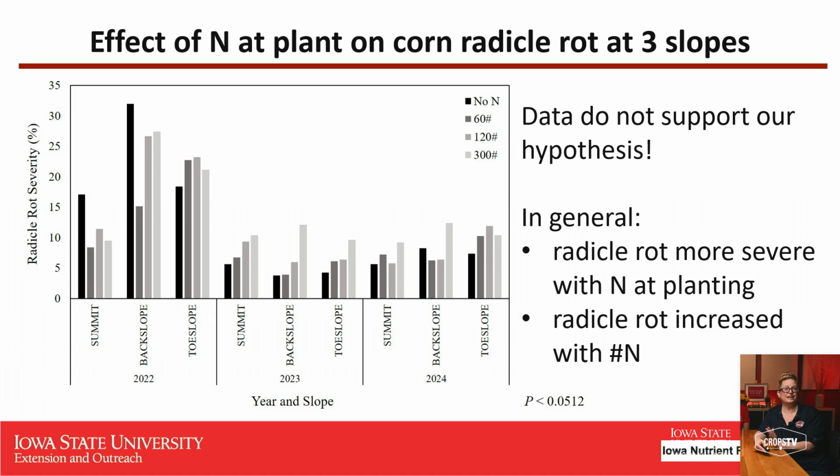So our data did not support that hypothesis. But what we did find, though, was radicle rot was more severe with nitrogen at planting, and then also that radicle rot increased as we increased the pounds per acre of nitrogen. And so that was quite interesting, and I don't think we were expecting that, but it happens, and it tells us something.